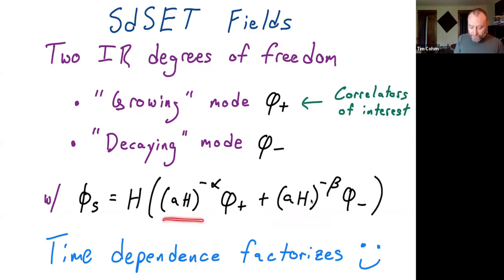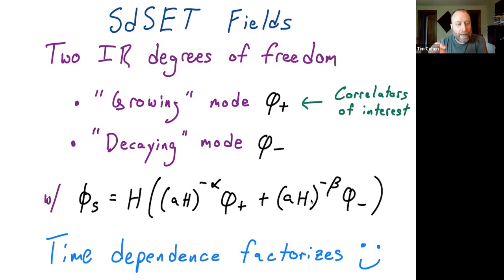And what this redefinition allows us to do is factorize the time dependence in these loop calculations. So the technical problem here is that if you were just working with the full theory fields, you solve the Klein-Gordon equation in de Sitter, and you get Hankel functions. And those Hankel functions are functions of momentum and time. Okay, we work in this mixed momentum time formalism.